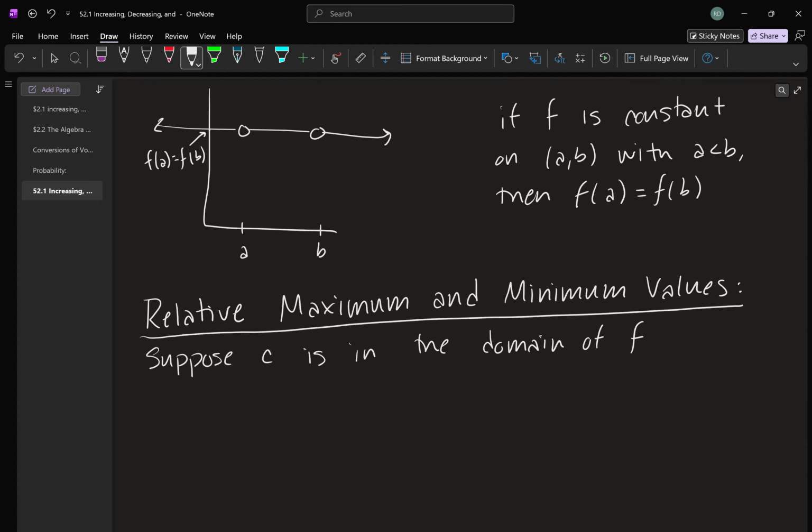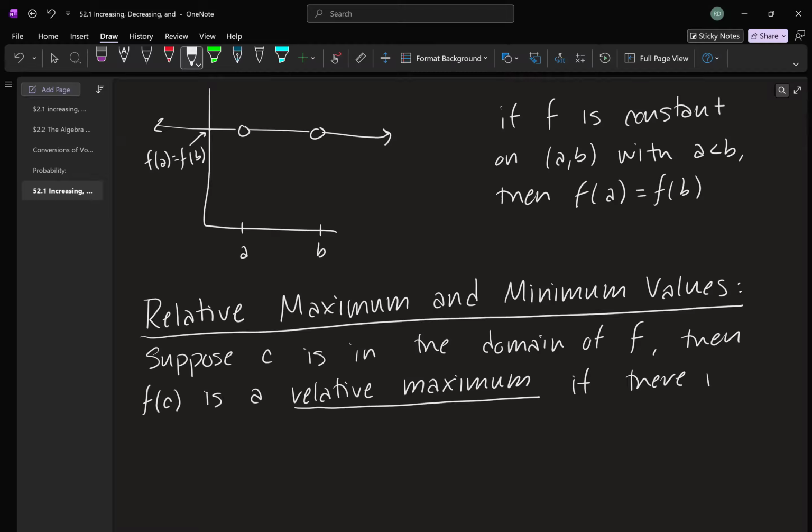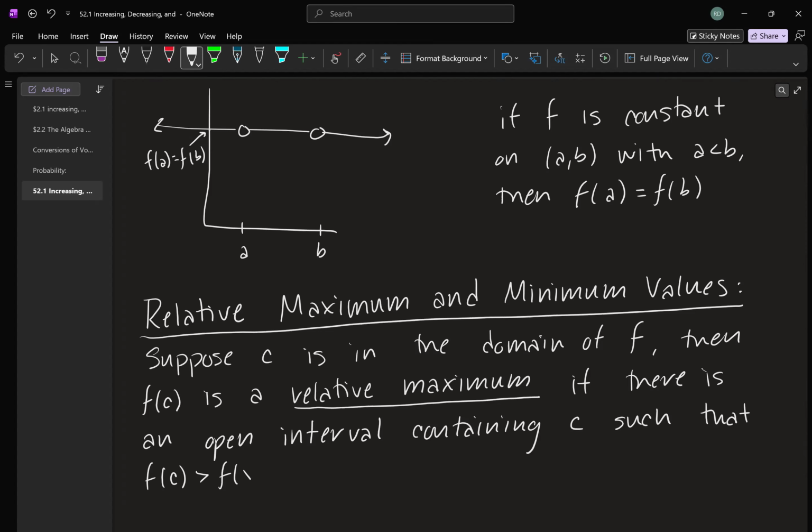Then f of C is a relative maximum if there is an open interval containing C such that f of C is greater than f of x for any x on the interval.